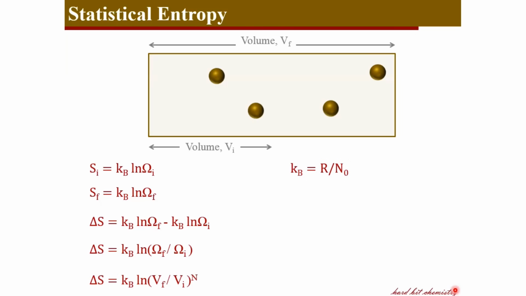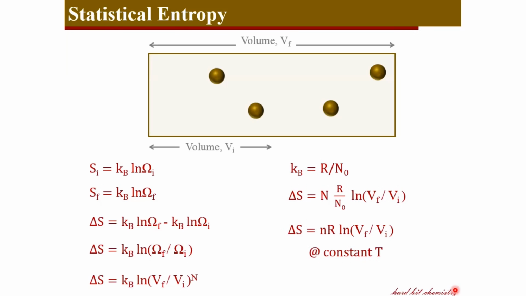And we know that the Boltzmann constant is related to the universal gas constant through the Avogadro number N0. Therefore, you can reach delta S, the change in entropy, in terms of the initial and final volumes at constant temperature during the process of expansion.